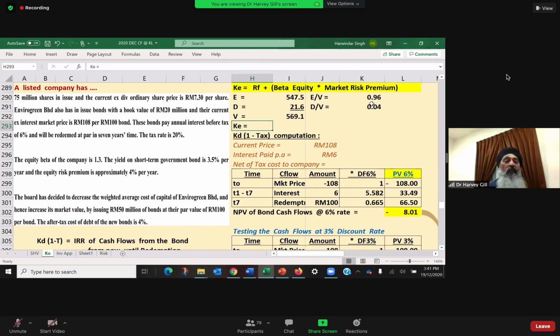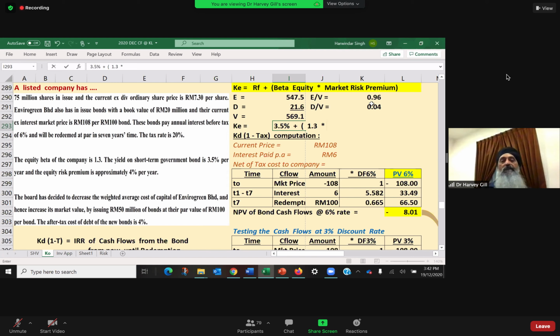Okay, what is the KE? KE based on the equity beta 1.3, yield on short-term government bond is 3.5%, plus, now because this is an exam question, the language is a bit tricky. The beta equity is 1.3, no complication there.